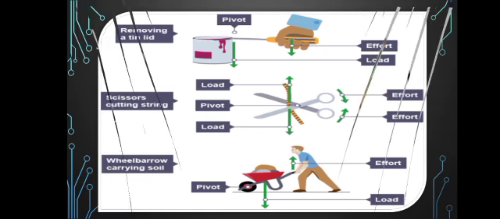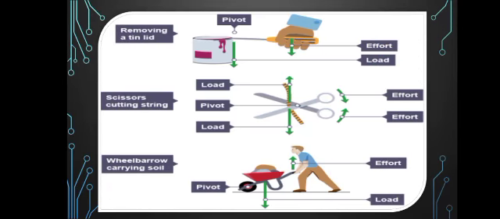There are a few examples which tell you about the position of effort, the position of load, and the turning point, that is the pivot. Here, when we open a tin, we apply effort to the load, and the pivot is the point where we open or remove the tin lid.